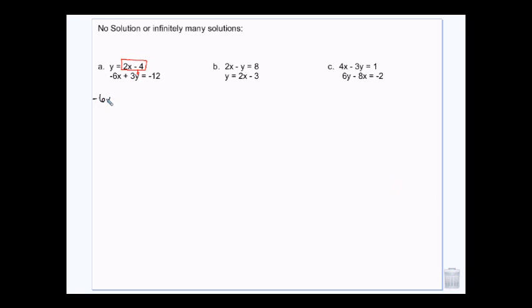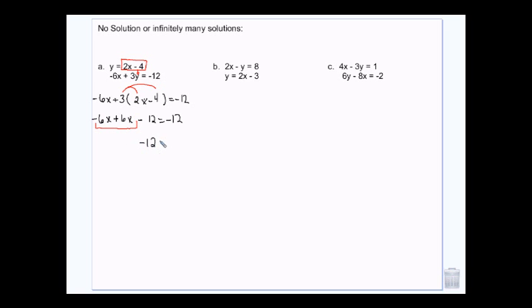So I'm going to have -6x plus 3 times 2x minus 4 is equal to -12. I distribute that 3, and I get -6x plus 6x minus 12 is equal to -12. I combine my x's, and -6 plus 6 is 0.